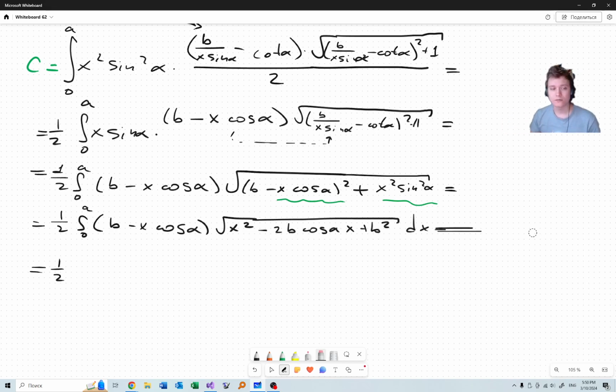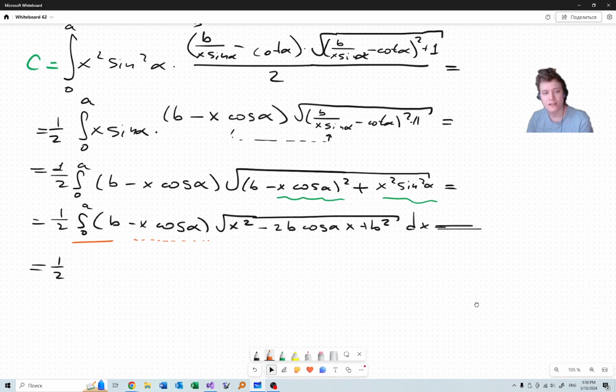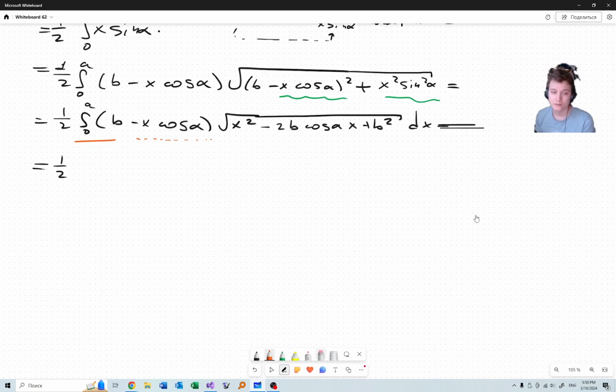Okay, come again. So, again, I know what to do with B. The problem is I don't know what to do with x times this square root. So I think what we really need is to calculate one more integral.